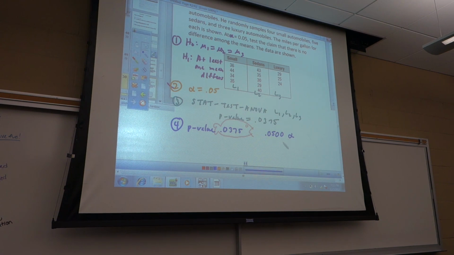So that means that alpha is larger, which means that I'm going to reject H naught. So that means that there is enough evidence. For this one, the claim is still H naught? Yeah, no difference.